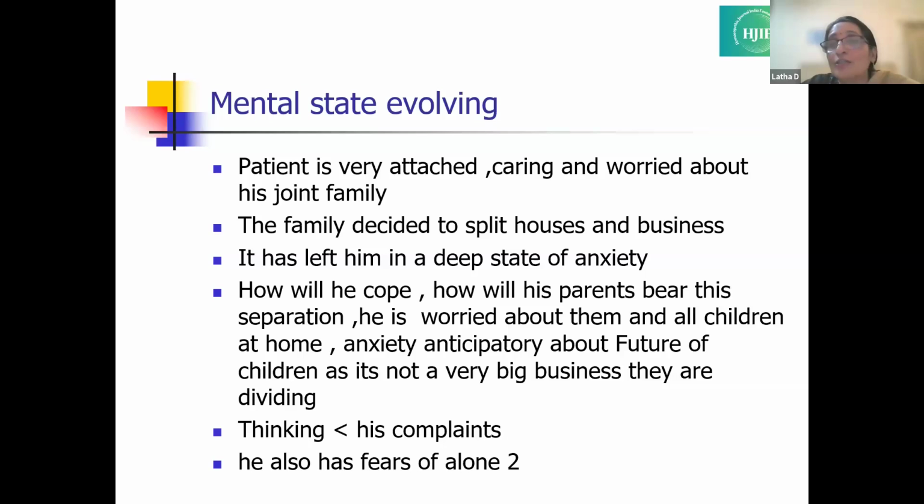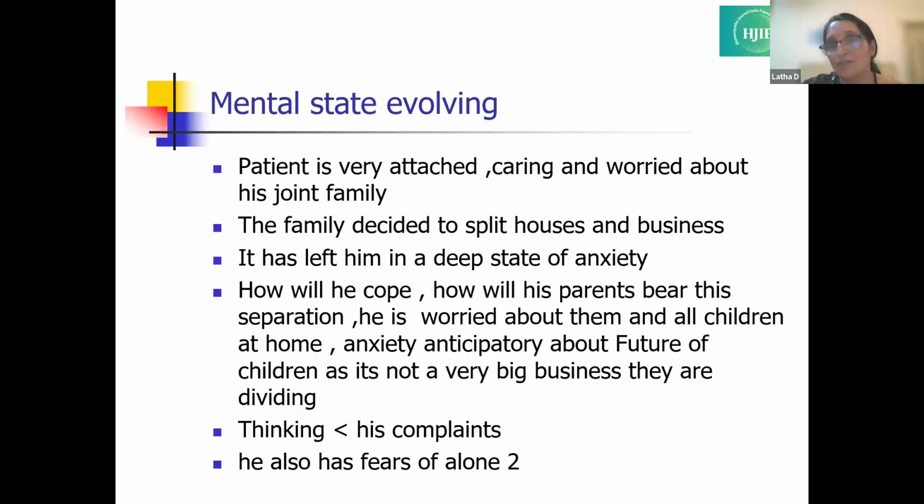He does not know what's going to happen if they all separate. And he's worried about such a small trading business we run, how are we three going to split it and how is it going to be enough for the future of the children? Can you see how much he's worried and caring about everything related to the family, and exerting his mind on this is aggravating his complaints.